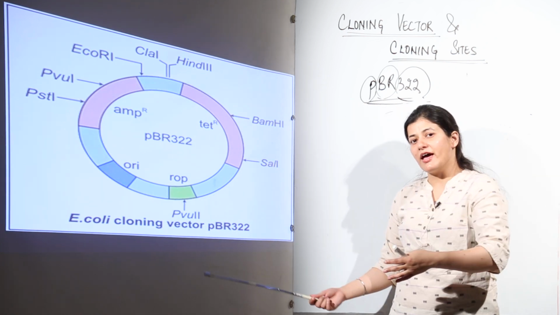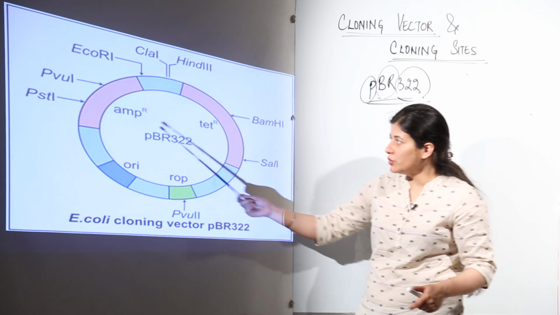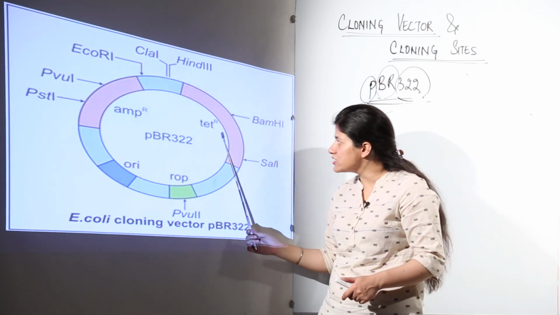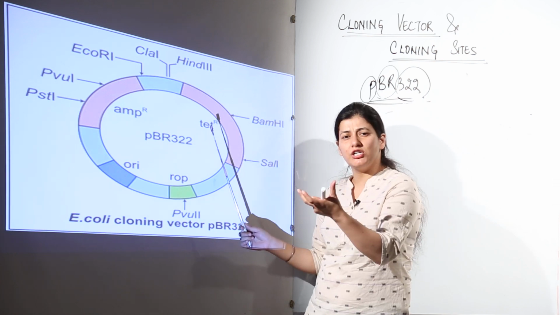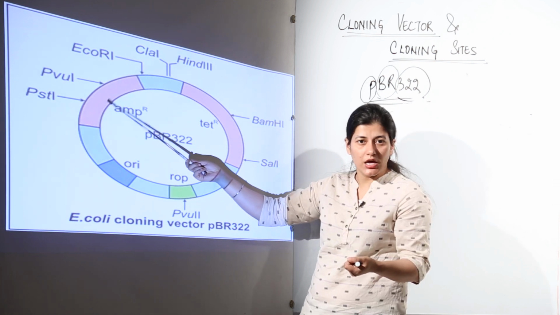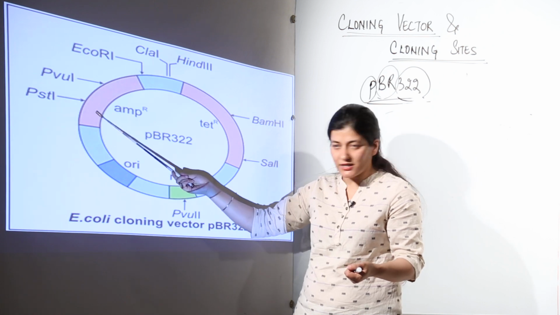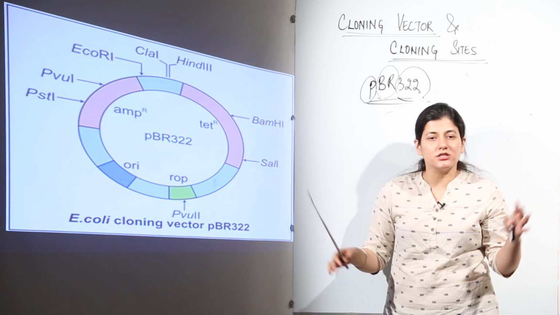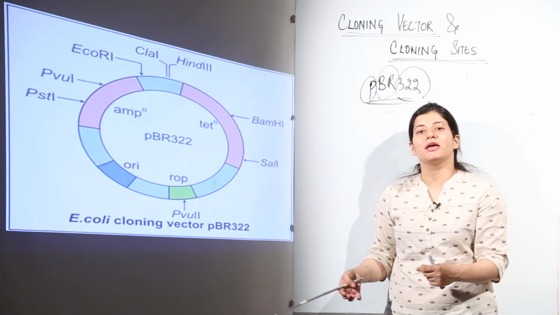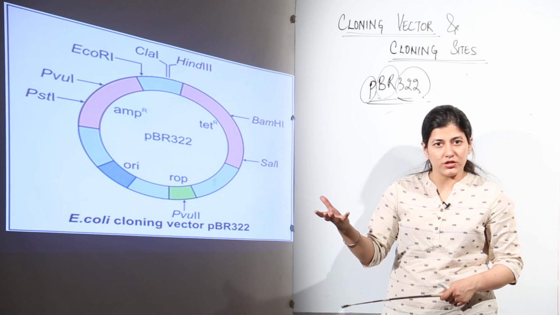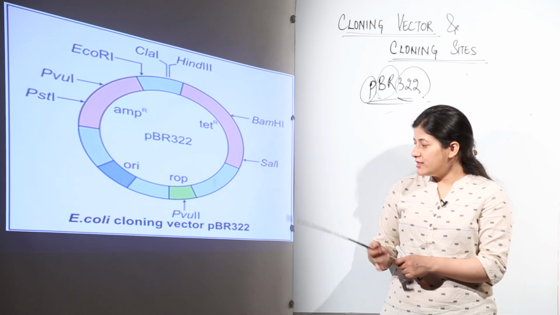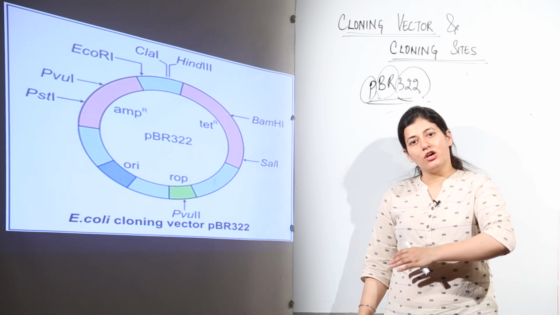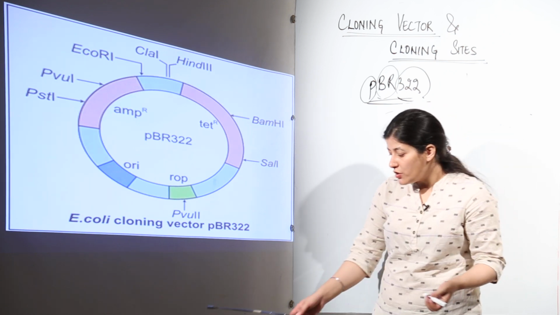Now, to identify whether it has become recombinant, you alter the specification of this particular gene and put some gene into this arrangement. When some gene of interest has been added into the gene coding for ampicillin resistance, certainly ampicillin resistance will be gone, and then you can make it out by plating those host cells which have taken up this plasmid on the antibiotic. You can make it out which ones are recombinant and which ones are non-recombinants.